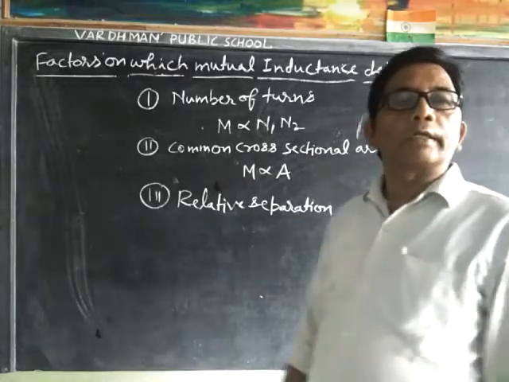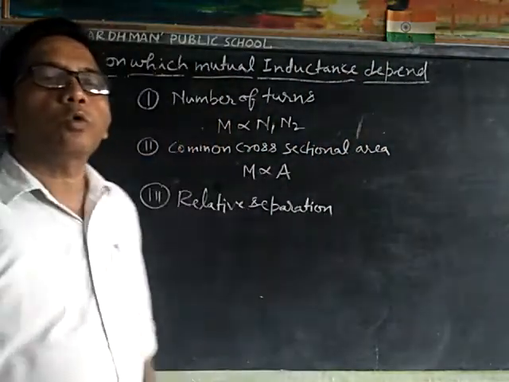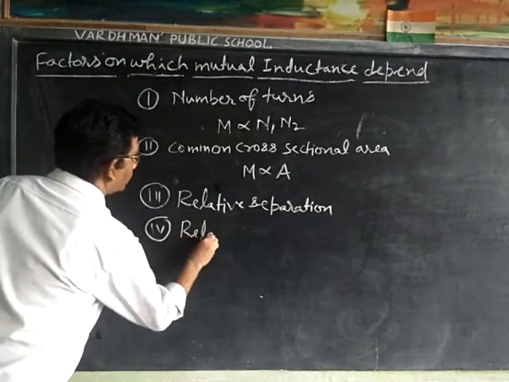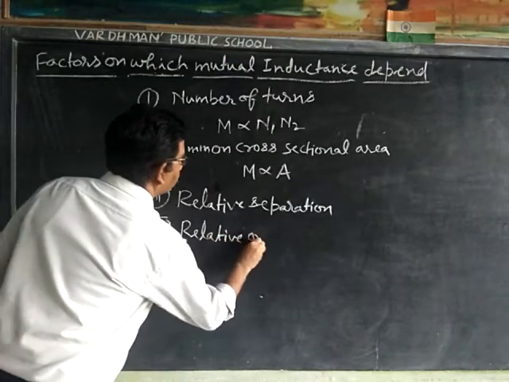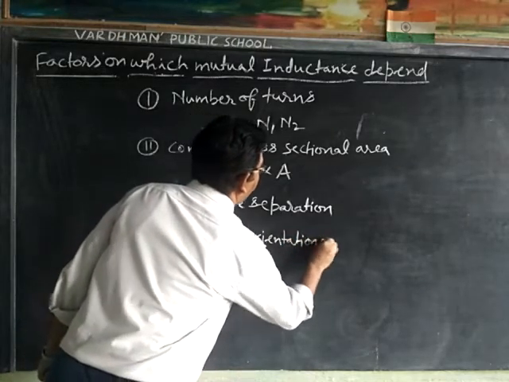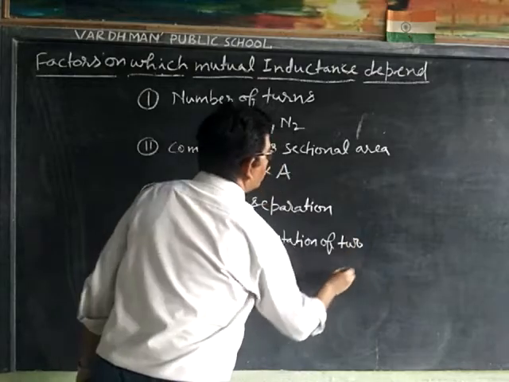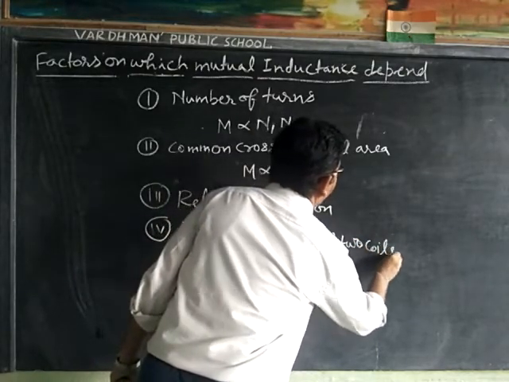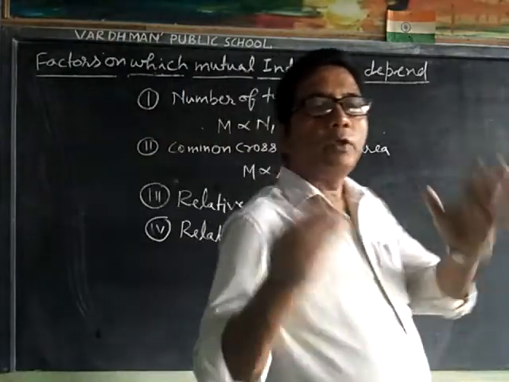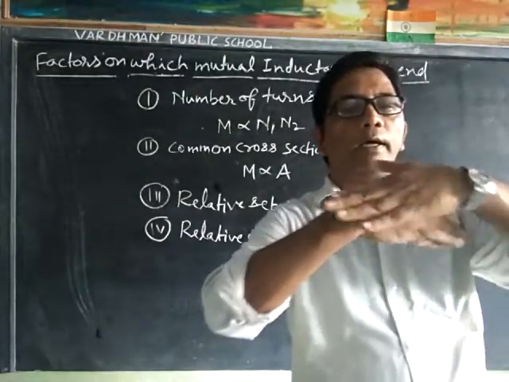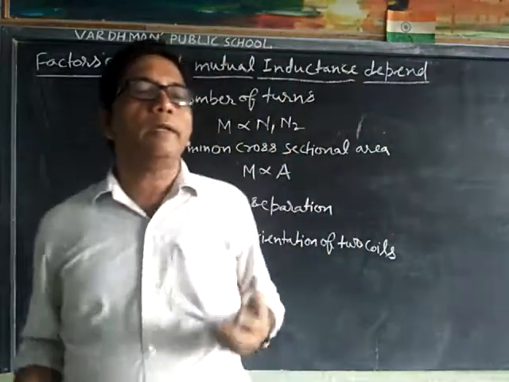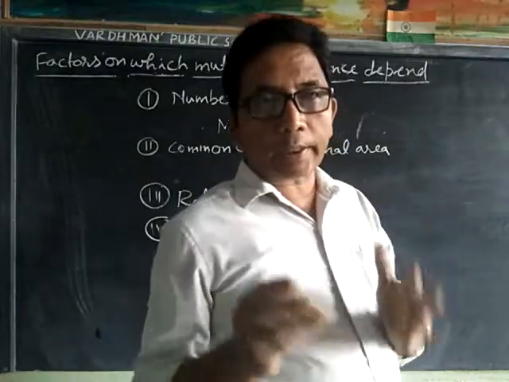Fourth, relative orientation of two coils. If two coils are wound over each other, M, the mutual inductance, is maximum.